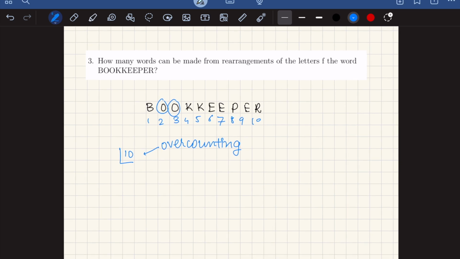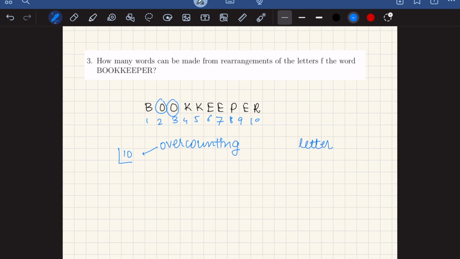You have 2 repetitions of O, then 2 repetitions of the letter K, and then 3 repetitions of the letter E. Because you have 2 O's here, for every string you're overcounting it twice.